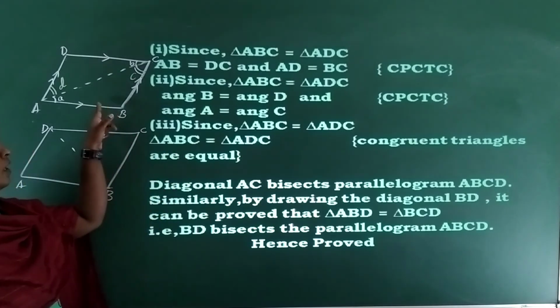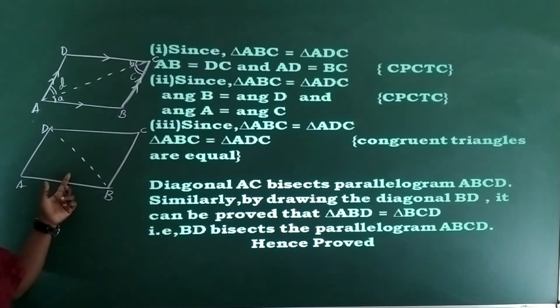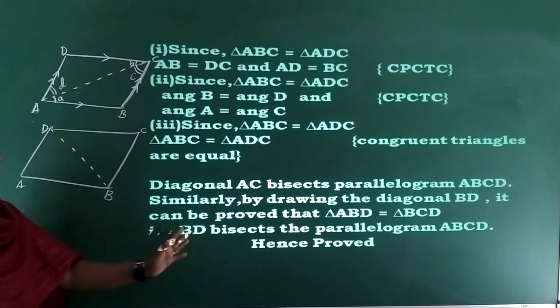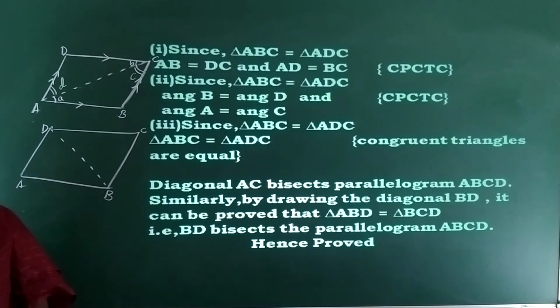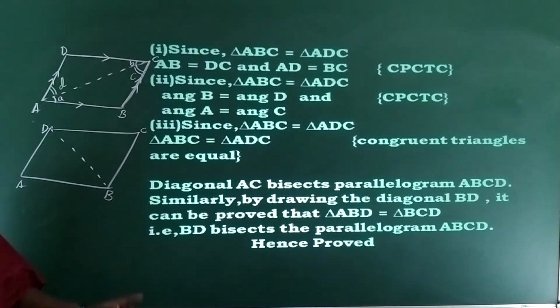When one diagonal AC is drawn, both the triangles are equal, and if you draw another diagonal also, both the triangles are equal only. So totally AC and BD both bisect the parallelogram ABCD, and all the opposite sides are equal and opposite angles are equal. Then each diagonal bisects the parallelogram. Each diagonal, this is one diagonal and this is one diagonal, bisects the parallelogram.